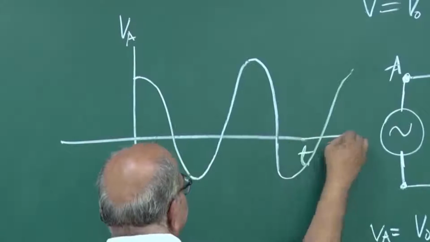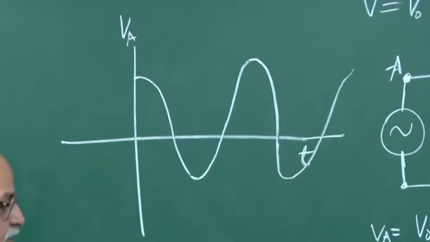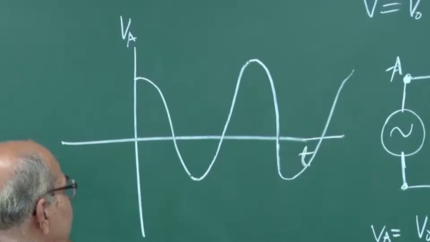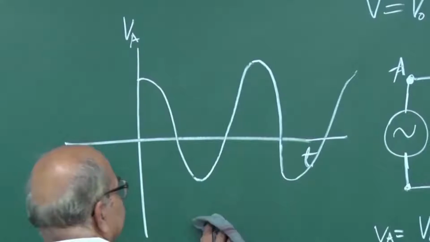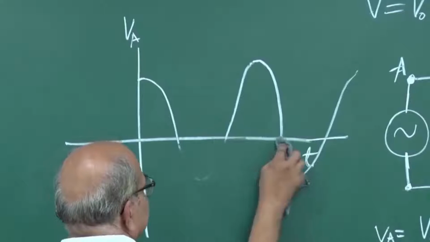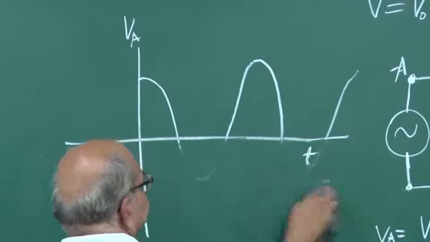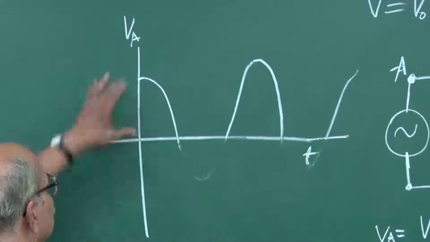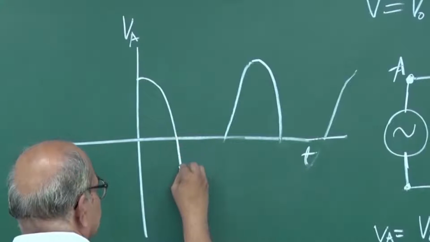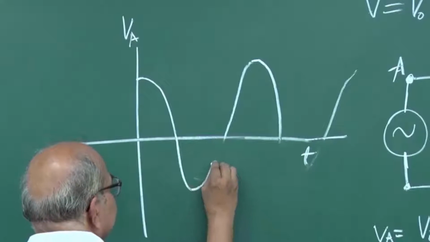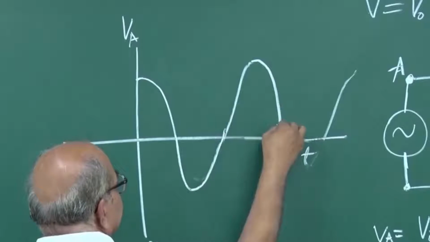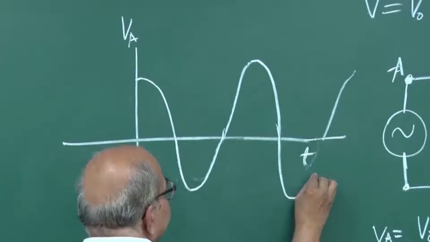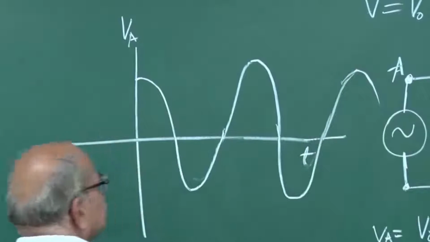Okay, it's not a good drawing, but bear with me. Let me try to improve. This should go to the same height, so let it be up to here, then again up to here, and so on.